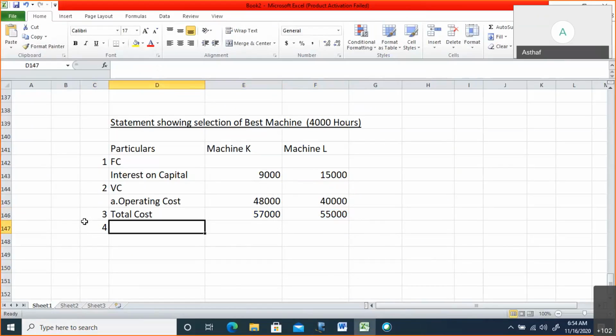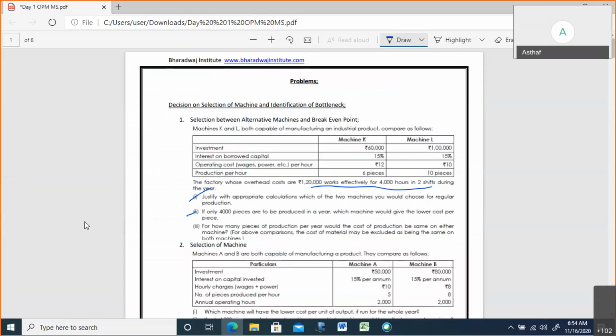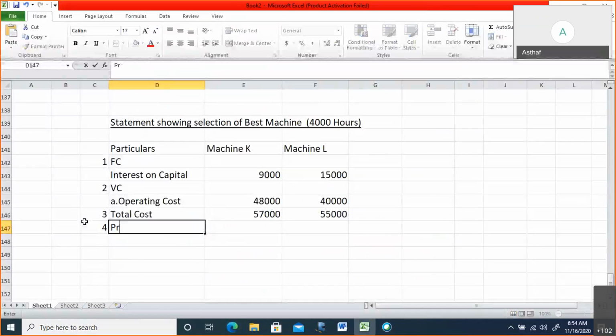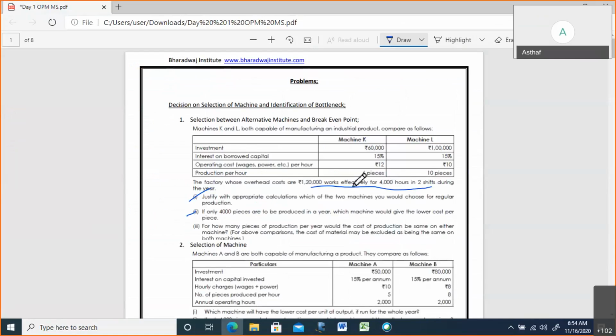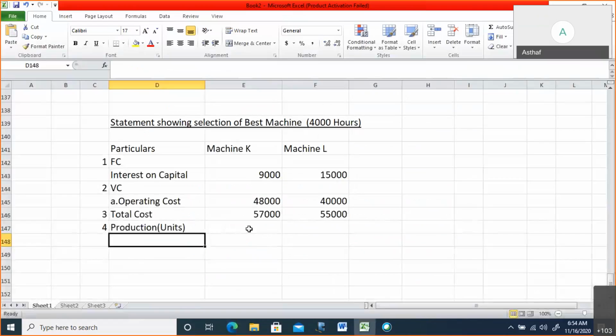Very good. Now we have to know the production units. We produce 6 pieces per hour, for 4,000 hours.